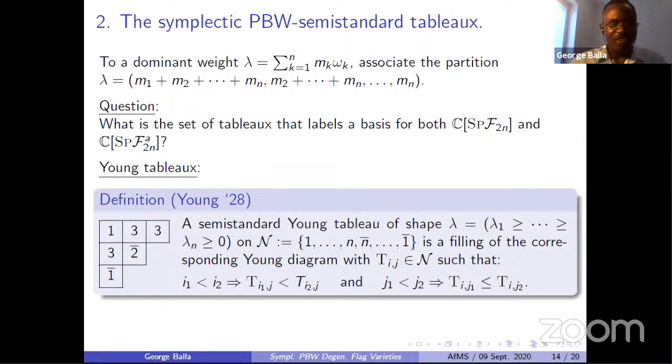We want that in our Young diagram, we fill entries such that downwards they are strictly increasing, and across they are weakly increasing, meaning two consecutive entries can be equal. This is the condition written here.